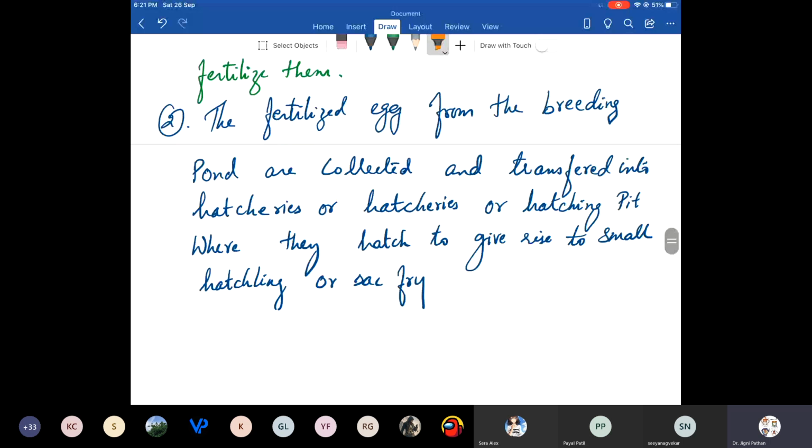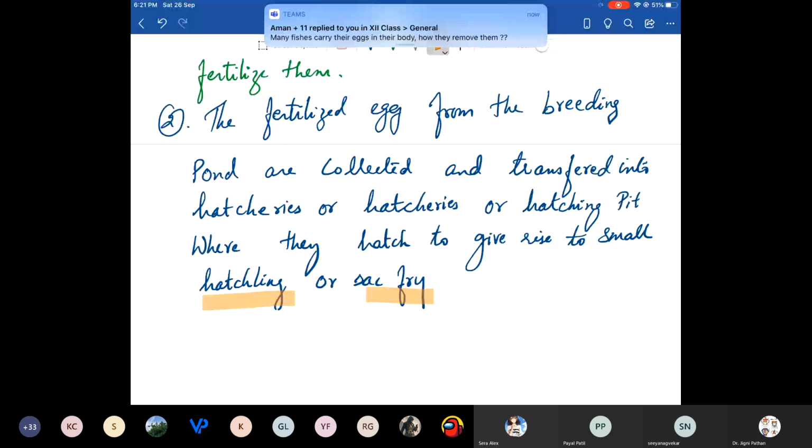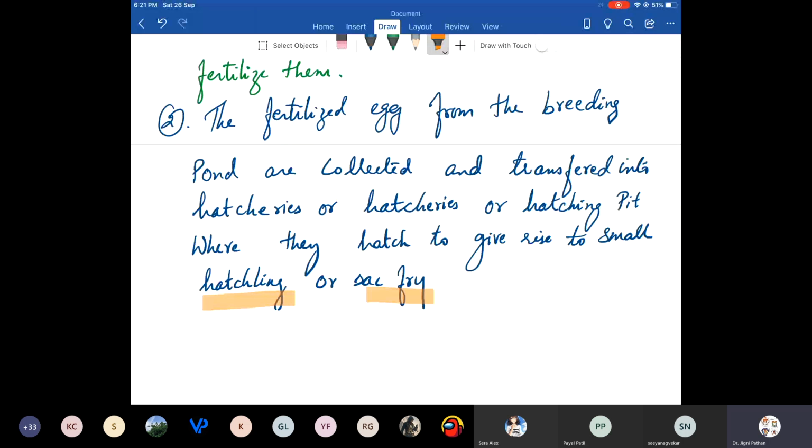From where they are transferred? See, among some fishes there is external fertilization, in some there is internal fertilization. So they emit, milt means containing sperm.